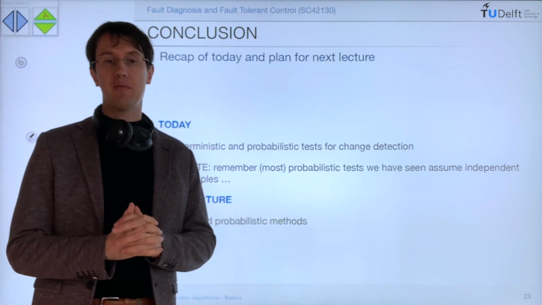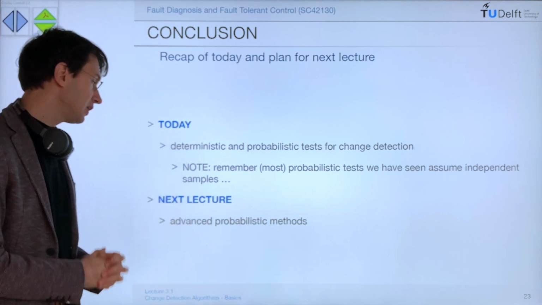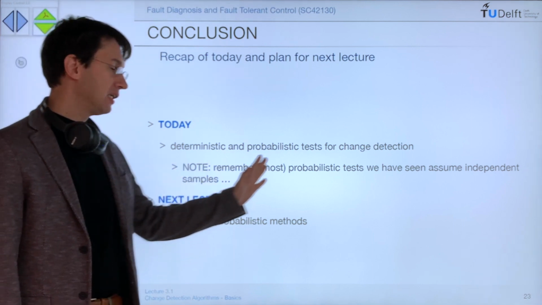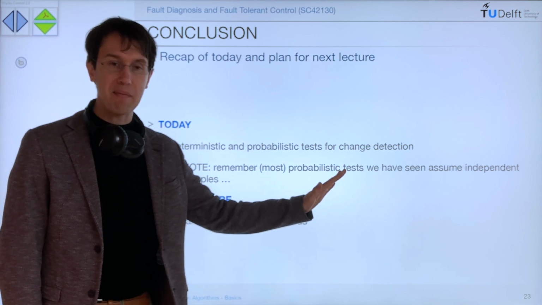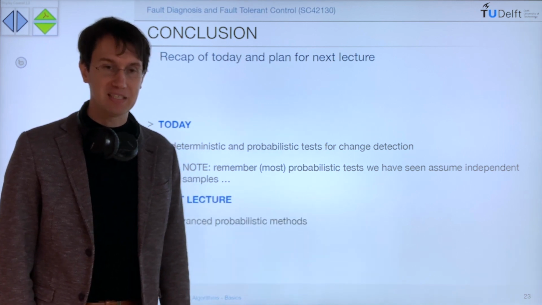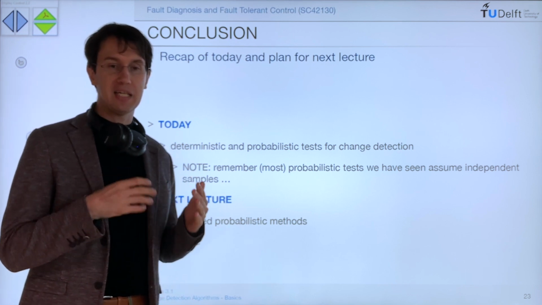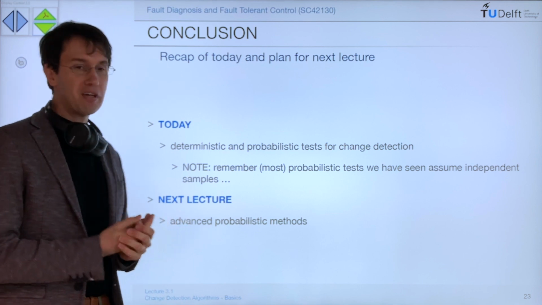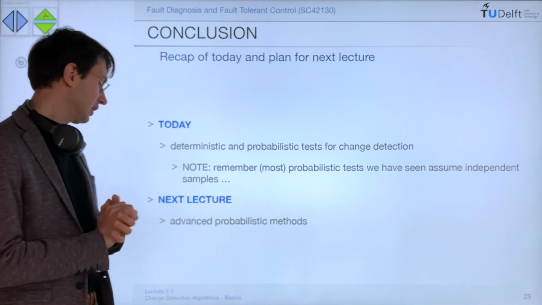We have introduced some deterministic approaches and some probabilistic ones. And one thing I didn't tell you, but please remember, most of the probabilistic tests assume that samples are independent. So differences in samples are just due to noise that is independent, white noise. If you have correlation between samples, then that's no longer so good.